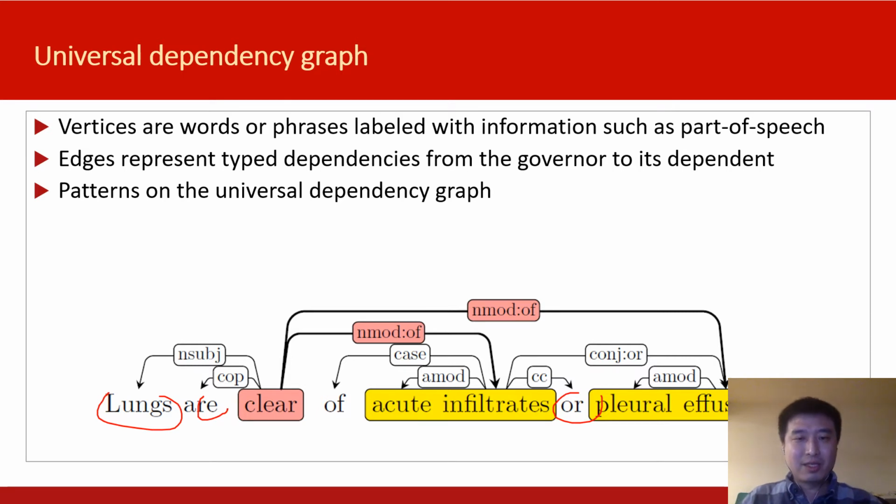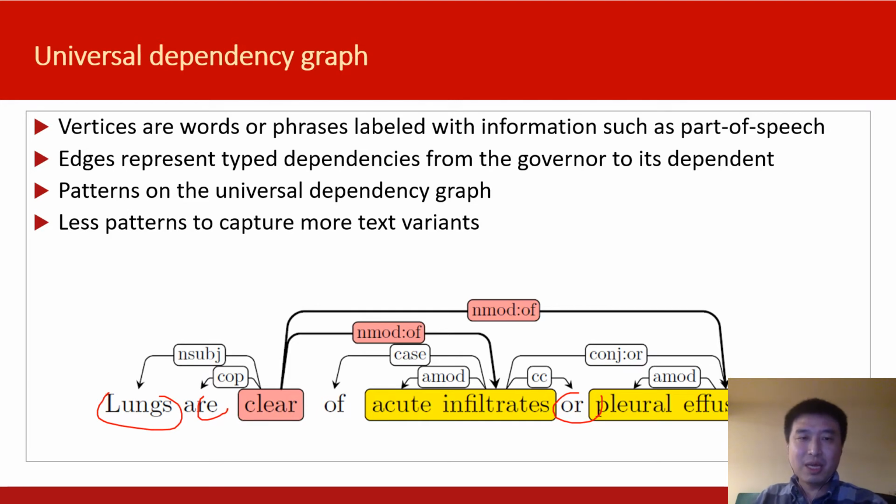Then we know that both acute infiltrate and pleural effusion are negative mentions, or negative findings, in this sentence. And through this process, we can distinguish the positive, negative, and uncertain findings.